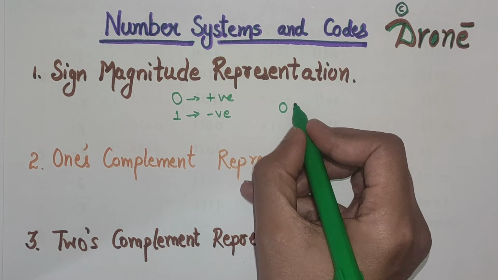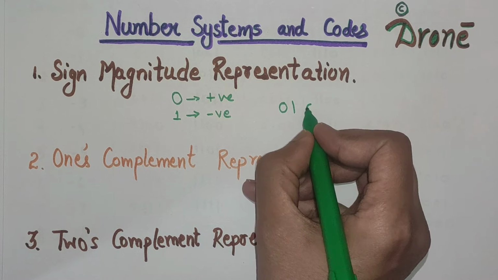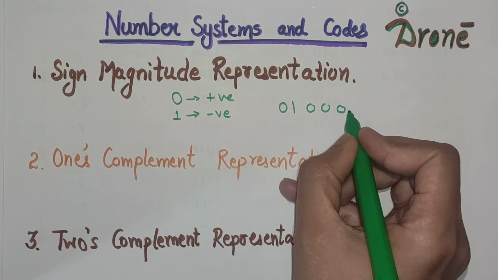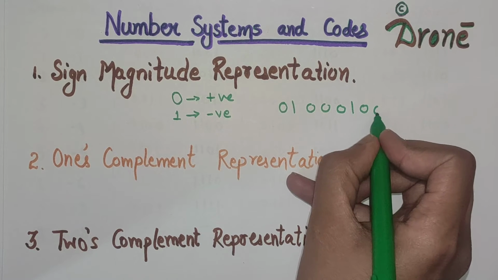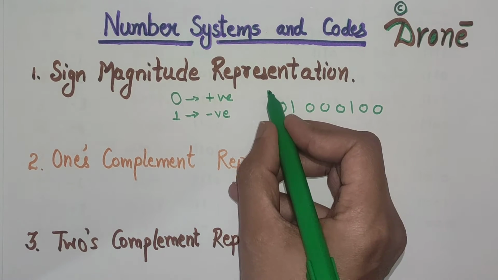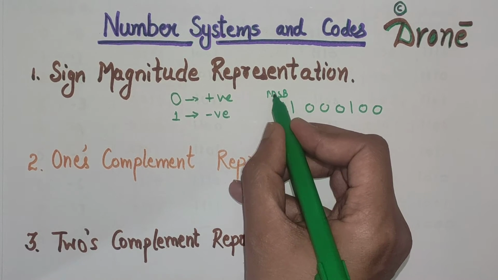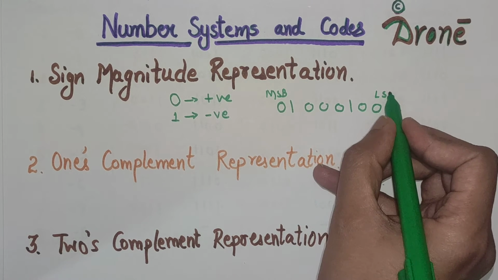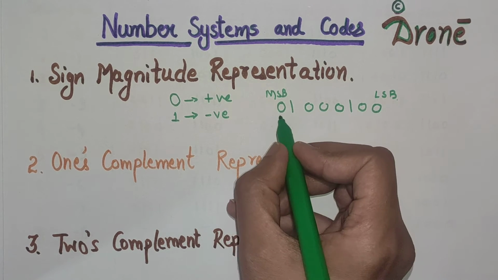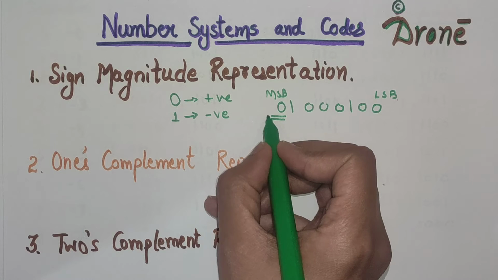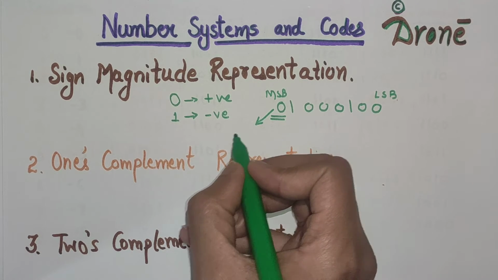Say a signed number is 0 1 0 0 0 1 0 0. So this is the MSB, most significant bit, and this is the least significant bit. The most significant bit will tell us the sign.